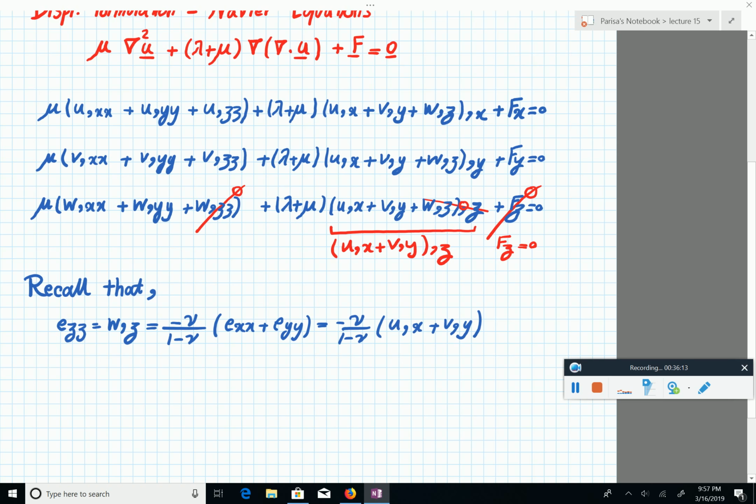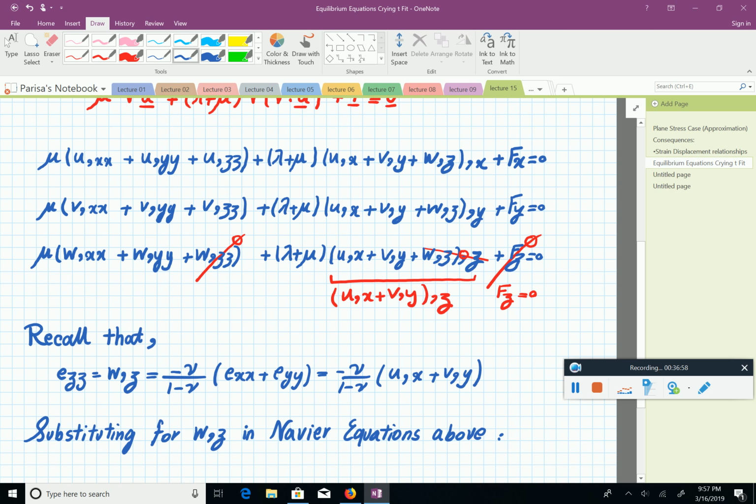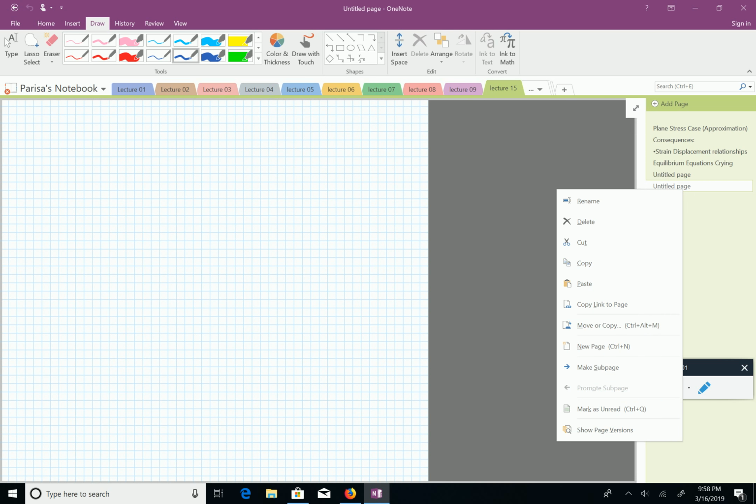So if we substitute for W comma Z in the Navier equations above, we can have a little bit more elegant looking equations.